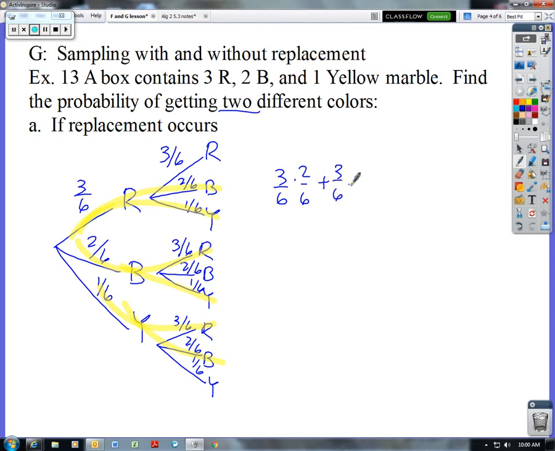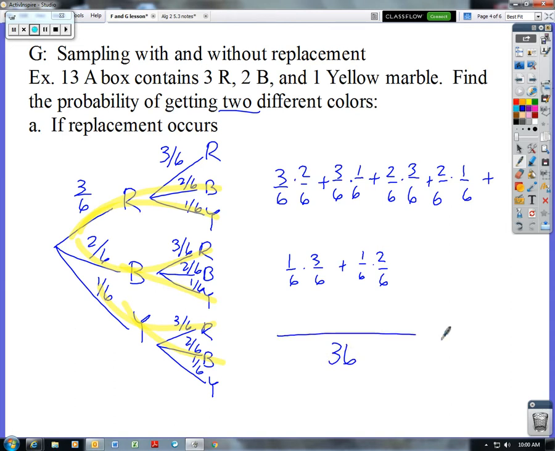So I've got 3/6 times 2/6 plus 3/6 times 1/6 plus 2/6 times 3/6 plus 2/6 times 1/6 plus 1/6 times 3/6 plus 1/6 times 2/6. My common denominator is going to be 36, so I'm going to have 6 plus 3 plus 6 plus 2 plus 3 plus 2.